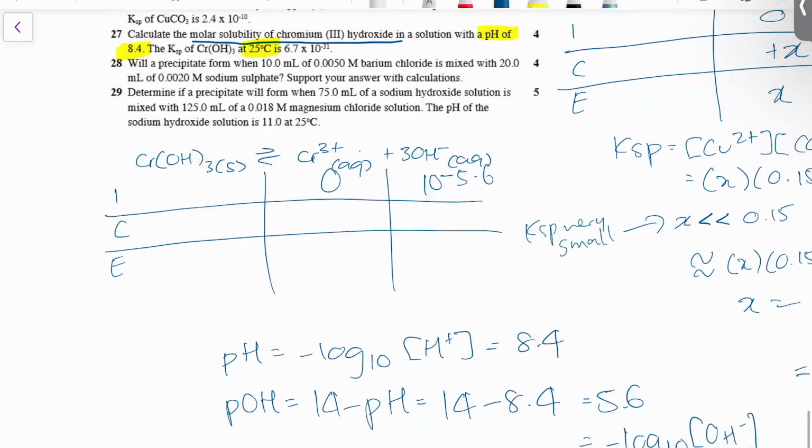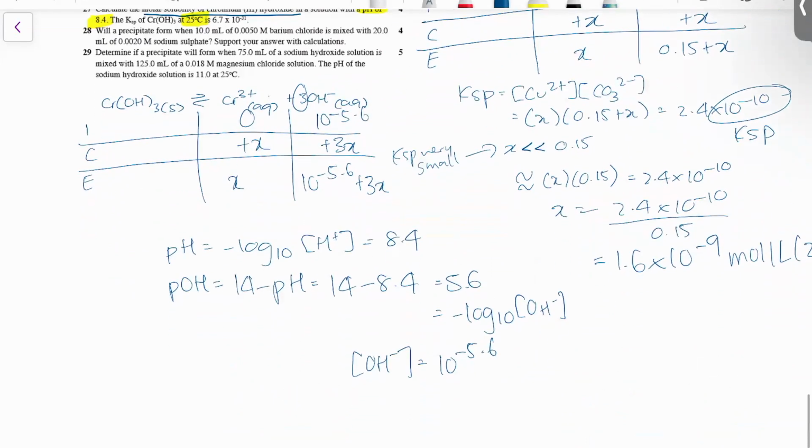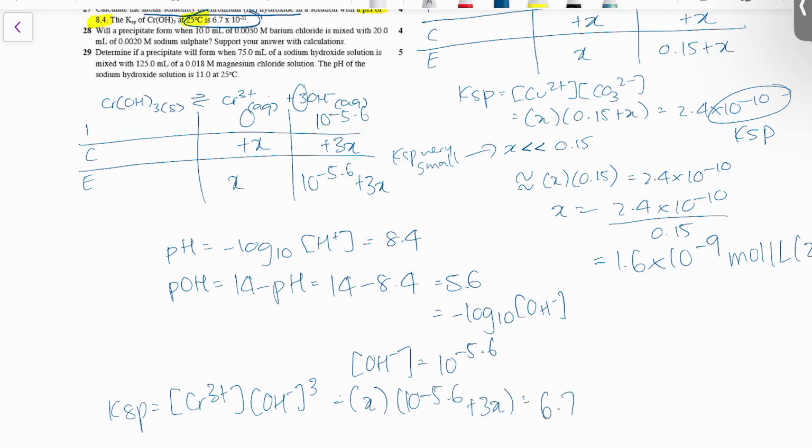0 plus x, plus 3x, because there's a coefficient of 3. So this is x, 10 to the minus 5.6 plus 3x. And then the rest of your steps are the same. Sub it into your equilibrium expression, Cr3 plus, OH minus to the 3, which is x, 10 to the minus 5.6 plus 3x, is equal to the Ksp they've given you, 6.7 times 10 to the minus 31.